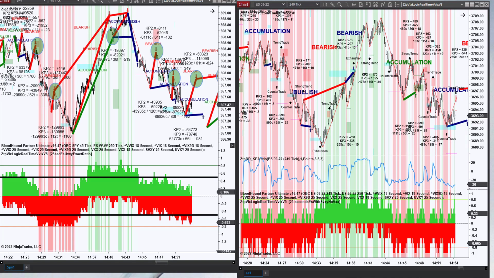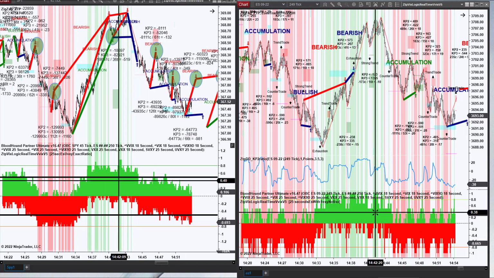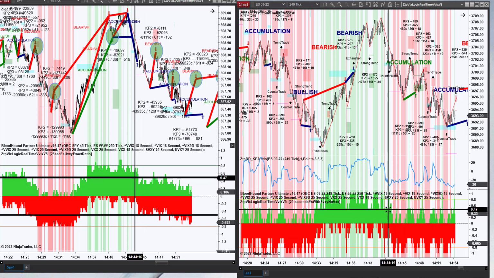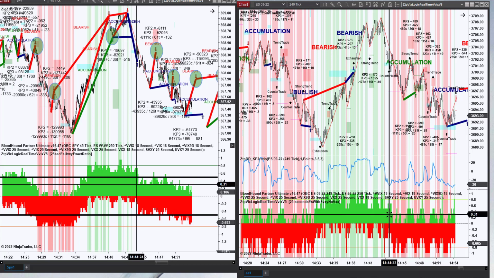Welcome, traders. On Friday, you may have noticed that the Bloodhound template didn't exactly look right. We didn't have our normal ebb and flow, and that was because of something that I did before creating the template, which was, instead of using the pound symbol for the ES, I used the June expiration for a special request for a specific client.